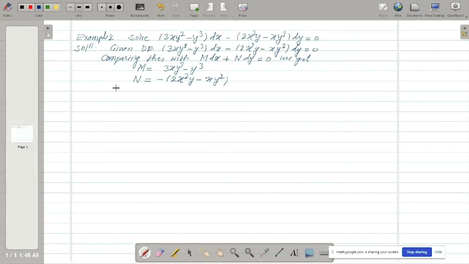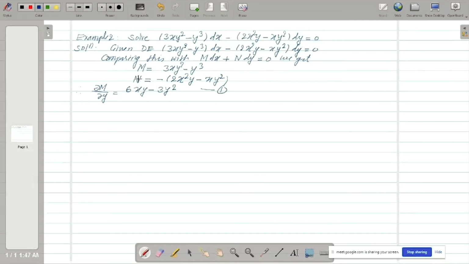So just find the partial derivative. Therefore ∂M/∂y equals, differentiating with respect to y, so x will be constant, 6xy − 3y². Name this equation number 1.